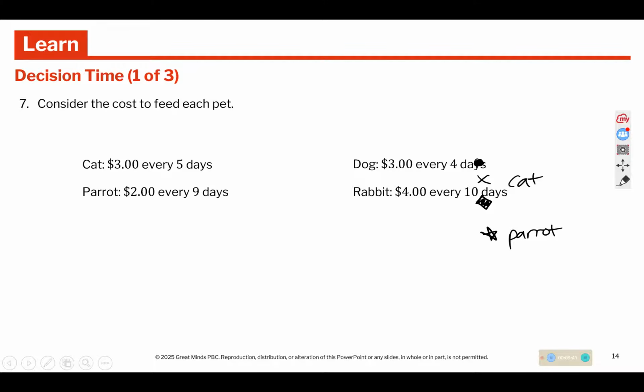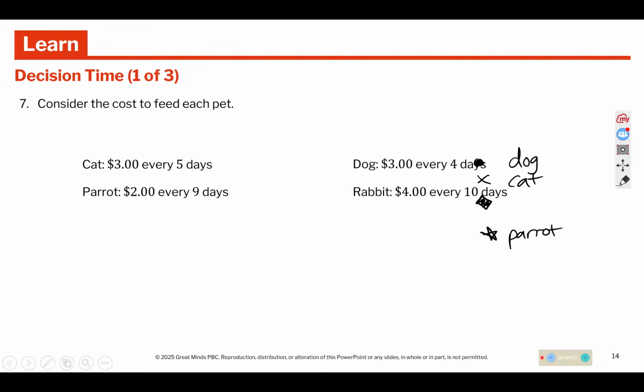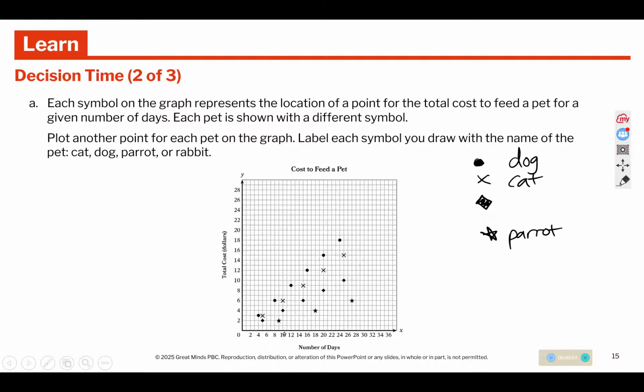The dog is $3 every 4 days. 4 days, $3. The dog is the circle. The rabbit is $4 every 10 days. 10 days, $4, is the diamond for the rabbit.